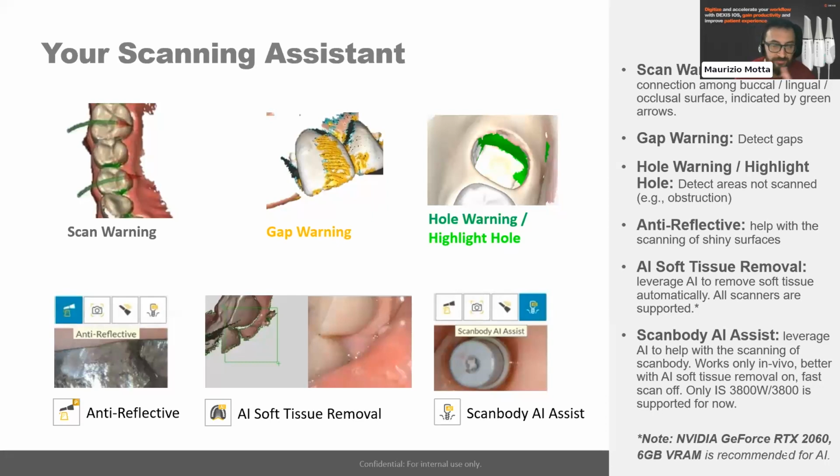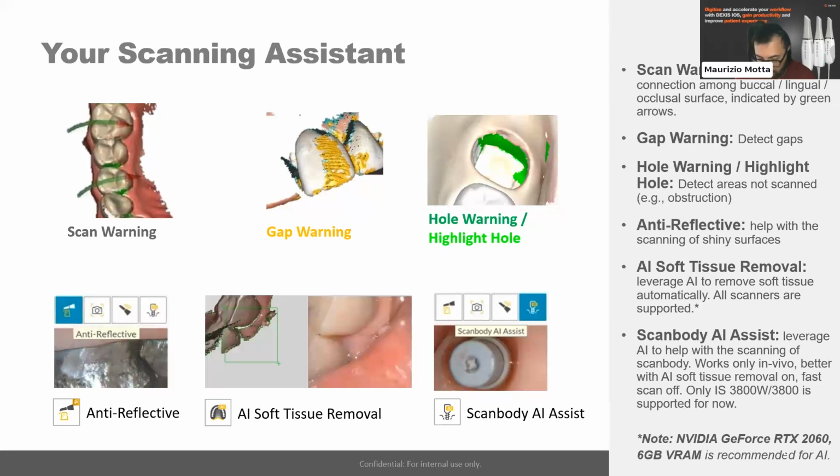If there is different information in the scanner, and the matching of the pictures that the scanner is capturing is not proper because of some problem with the scanning surface, the software highlights with this dark umber, dark yellow color the surface that needs to be rescanned.